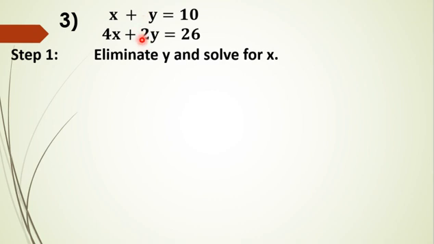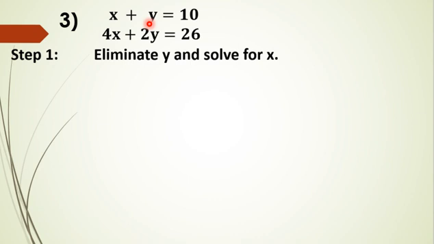Kailangan maging parehas yung number na katabi nila at opposite yung mga signs ng kanilang mga number. So, sino ang mag-a-adjust? Yung mas mababa, which is positive 1. At yung positive 1, kailangan niyang maging opposite ni positive 2. At ano ba ang opposite ng positive 2? That is negative 2.